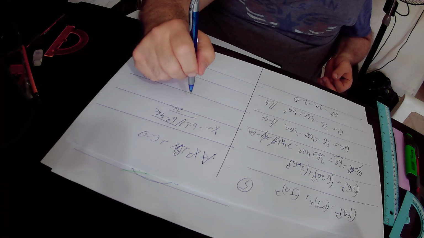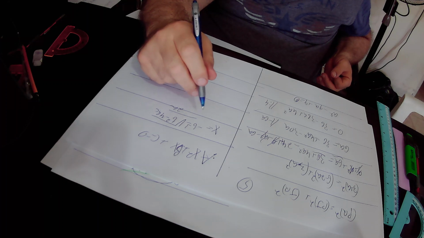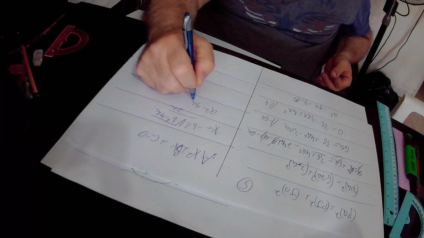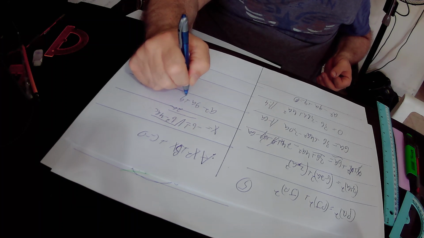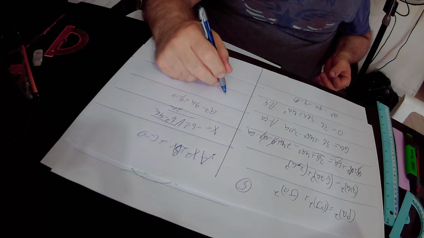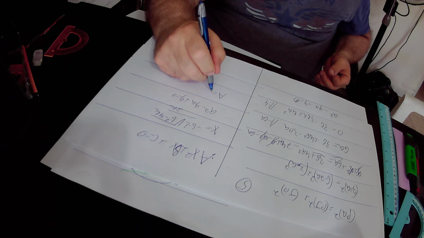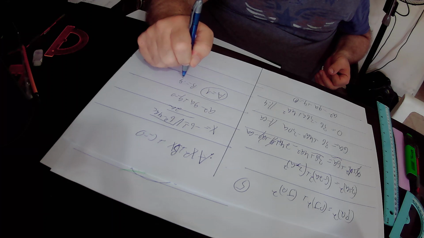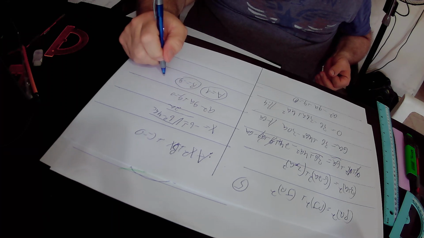In our specific quadratic equation, that is to say, A squared minus 9A plus 9 equals 0, the coefficient a equals 1, the coefficient b equals minus 9, and the coefficient c equals 9.